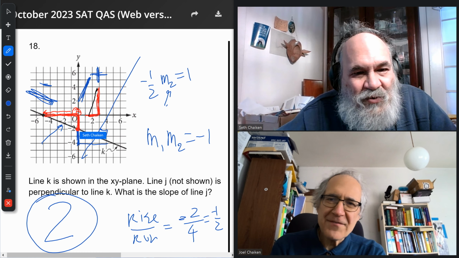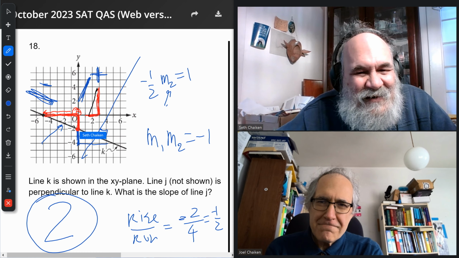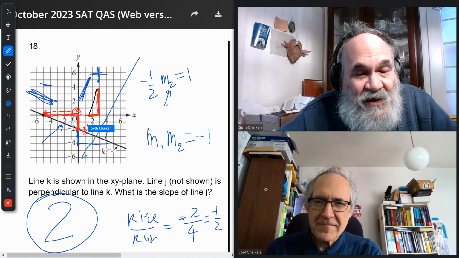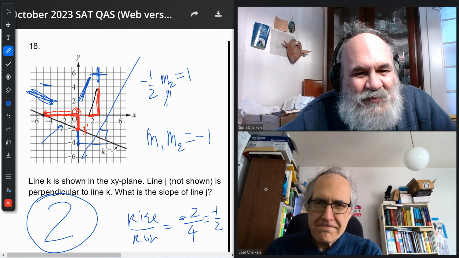Call this point A. Let's call this point A prime. We start at A on the x-axis, and then A prime is the point on the line where x equals 0.